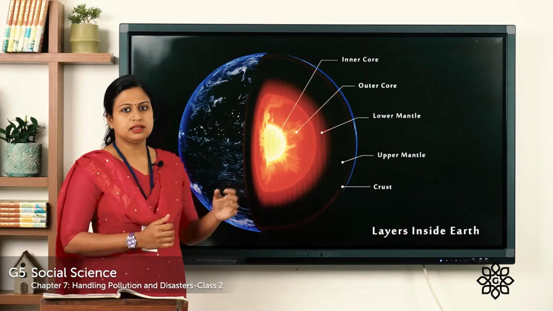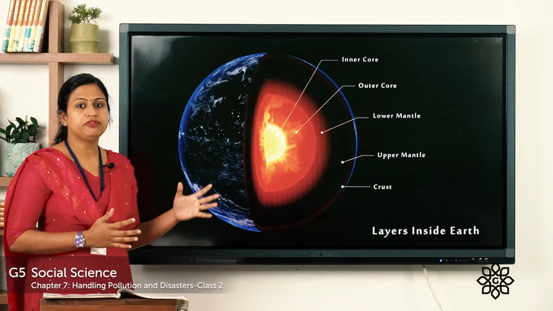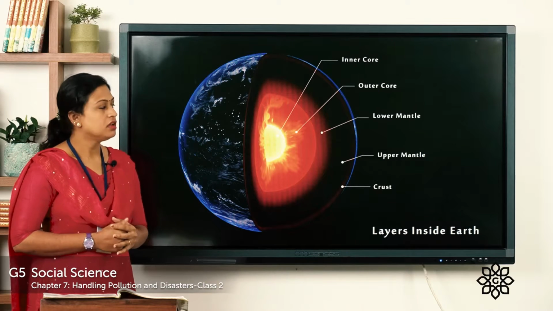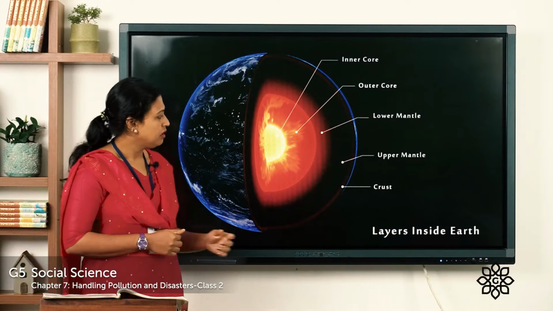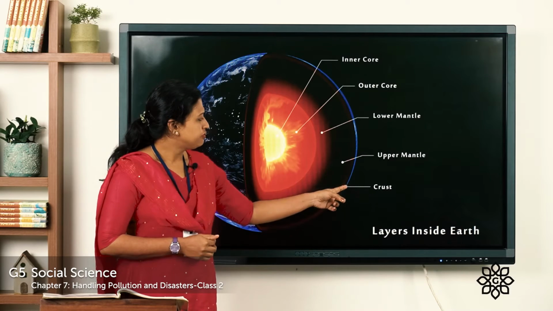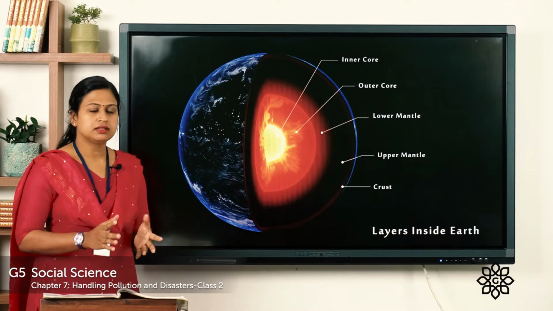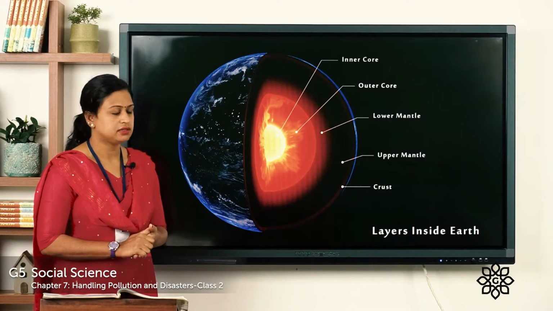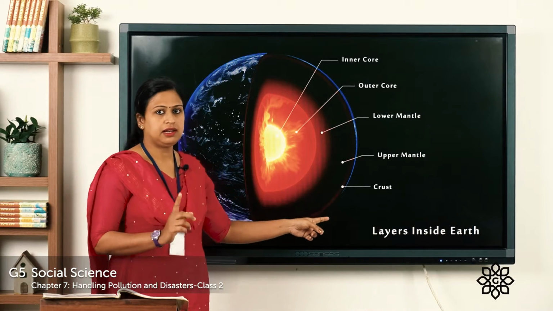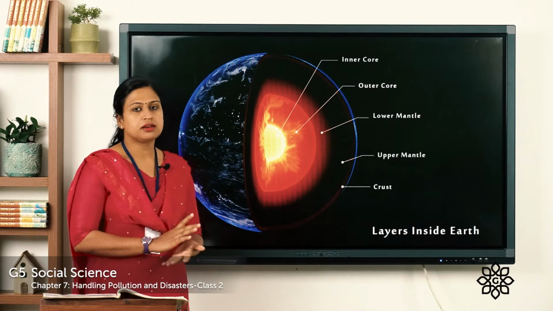To understand this earthquake, we must know the different layers of earth. So here you can see the first blue color layer is continent and ocean crust. Below that, the first layer of the earth is known as crust.